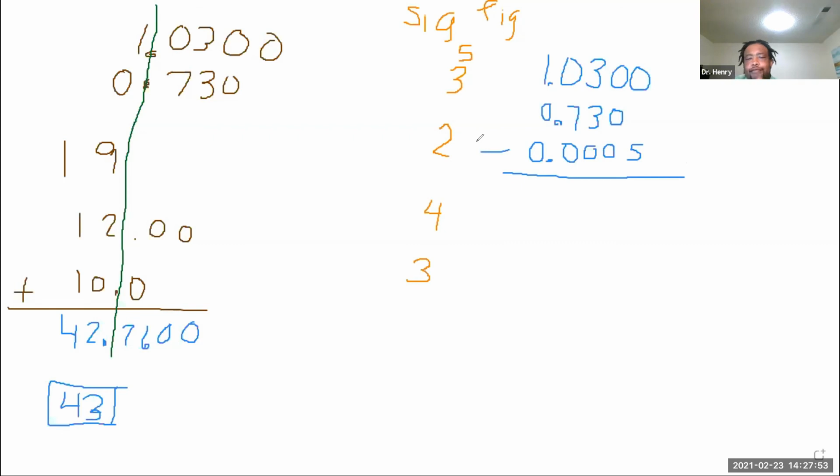Okay, let's count sig figs. How many sig figs do we have for the first one? We have 1, 2, 3, 4, 5.